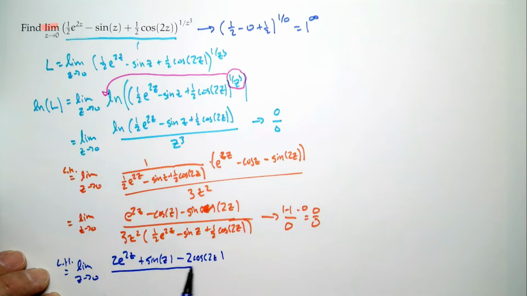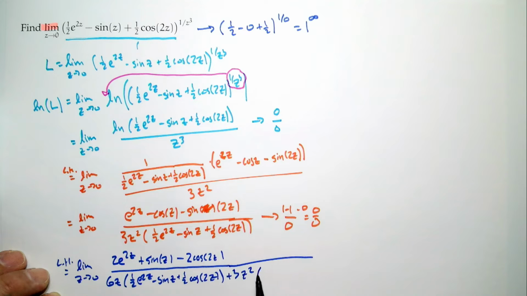And then downstairs, we'll get, derivative of 3z squared is 6z times this other part, 1/2 e to the 2z minus sine z plus 1/2 cosine of 2z. And then plus 3z squared times this derivative. Well, that's not so bad. We actually took the derivative before. It's e to the 2z minus cosine of z minus sine of 2z.